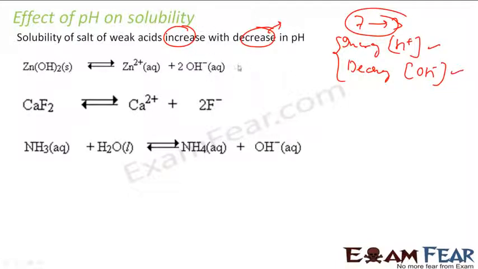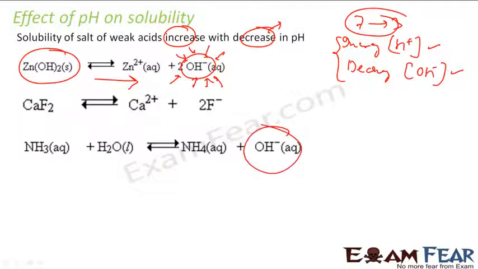If I increase the H plus ion concentration, OH minus ion will be used here. So this OH minus ion will be consumed. That means I am decreasing the concentration of this. The stress of decrease of OH minus ion concentration will be relieved if the equilibrium moves in this direction. That means more and more of this is dissolved.